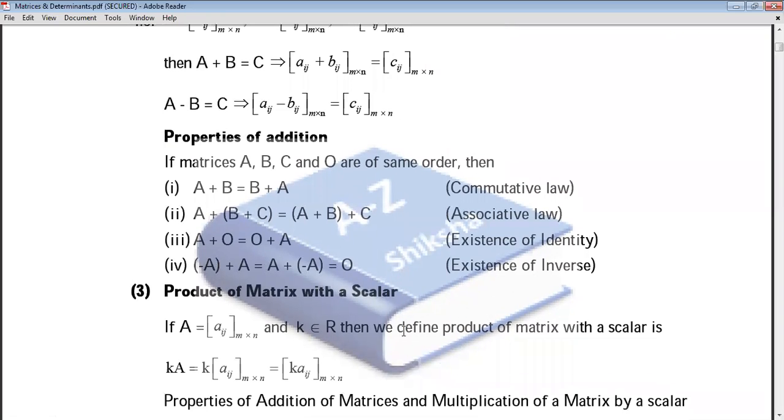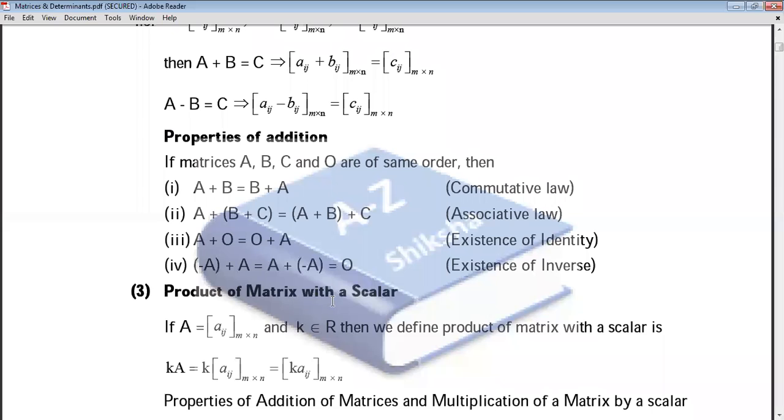Now, like addition and subtraction, we will discuss another type of algebra for matrices, that is the product of a matrix with a scalar. There are two parts actually: when two or more matrices are to be multiplied, and when a matrix is simply multiplied by a scalar.